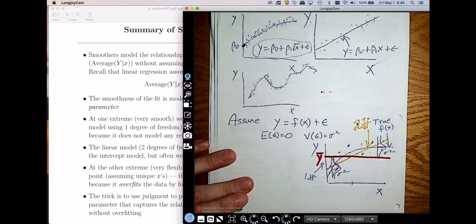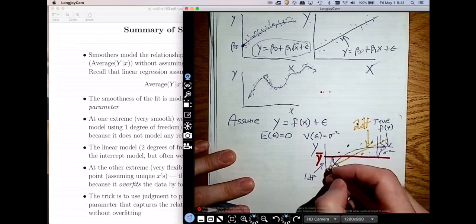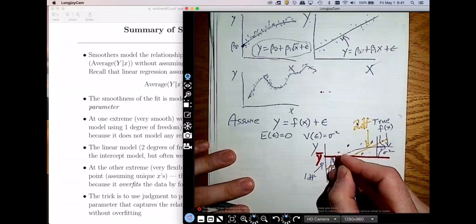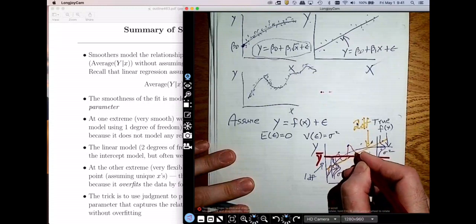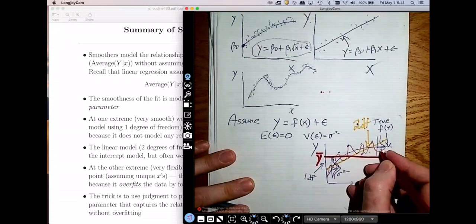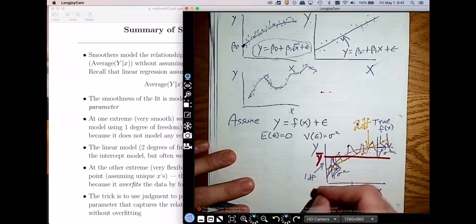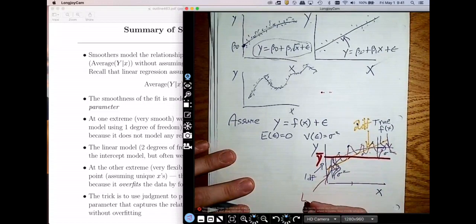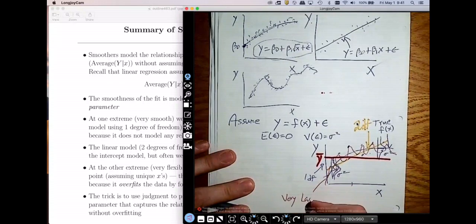Now, let's just say I turn the dial all the way to the right. In that case, what I would end up with is something that really wiggles a lot. I'm trying to hit every one of these points. I guess I'm not going to quite hit that one. And this would be very large degrees of freedom.